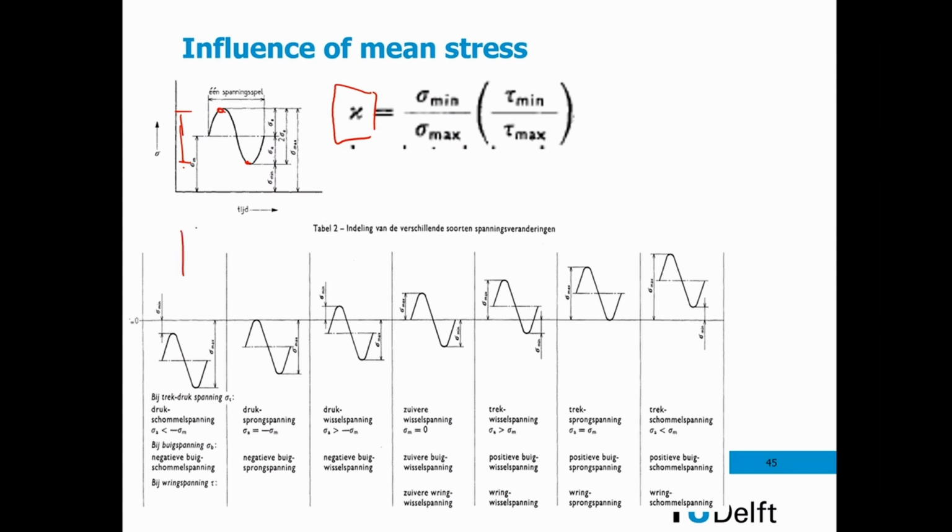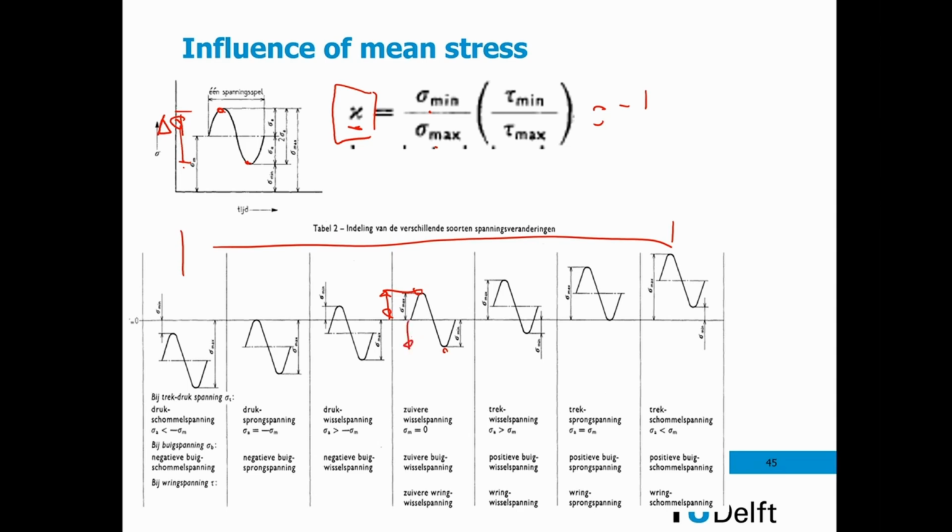So here, depending on the type, you have a different kappa value. A kappa value of -1 means that the minimum stress and the maximum stress are the same. Then my limit, the idea of the limit, and that is why you use only delta sigma. Then if I am in the case where the maximum stress is the minimum stress, so that is here, then this is my limit in allowable stress.